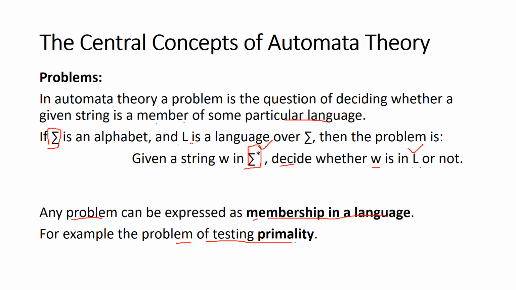So we take the set of all the prime numbers, and this set becomes a language. Now any number that we take, we check whether that number belongs to this set or not, and that is the way in which we test primality. So now the testing of primality has become a membership problem. This is the way in which any problem can be converted into a membership problem. So therefore, automata theory can handle any problem that exists.